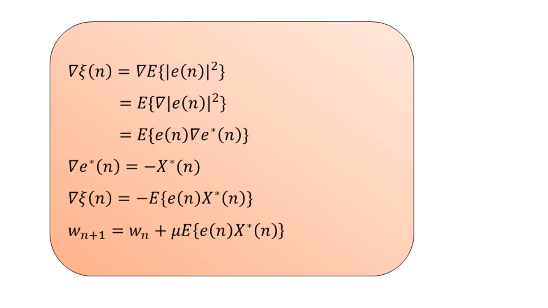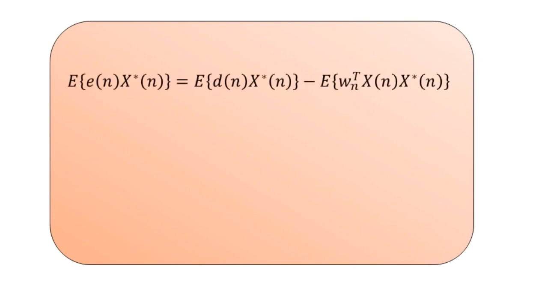If x of n and d of n are jointly wide sense stationary random processes, then mathematically we can represent that capital E of e of n with the complex conjugate of x of n will be equal to the estimate of d of n into the conjugate of x of n minus the estimate of w suffix n transpose multiplied by x of n with the complex conjugate of x of n.